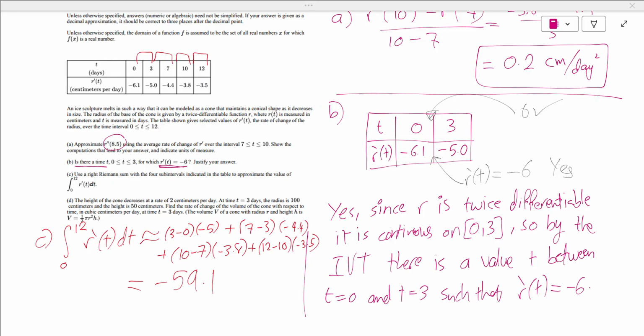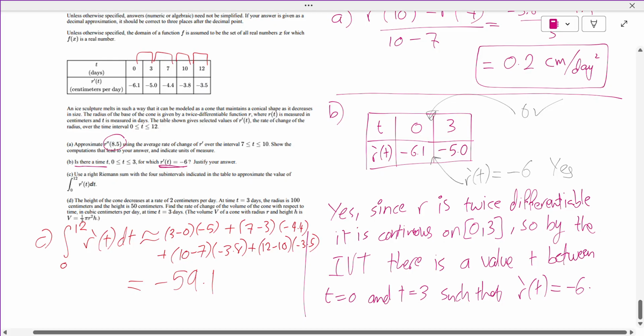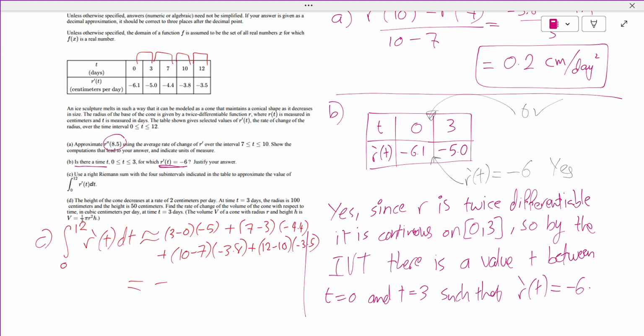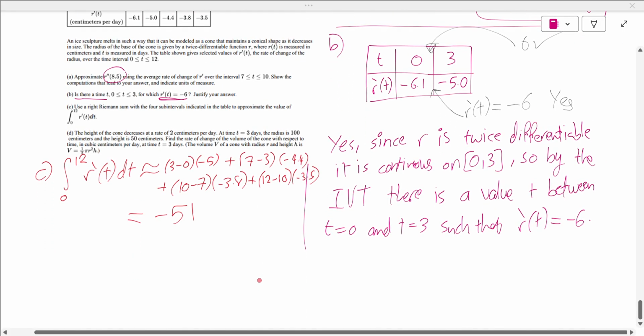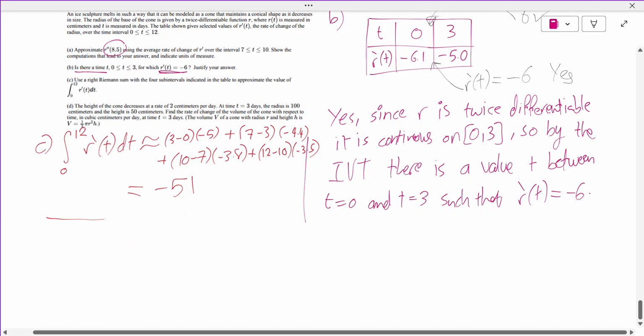Sorry, this is minus 51. Okay, so this is part C. Now moving to part D.